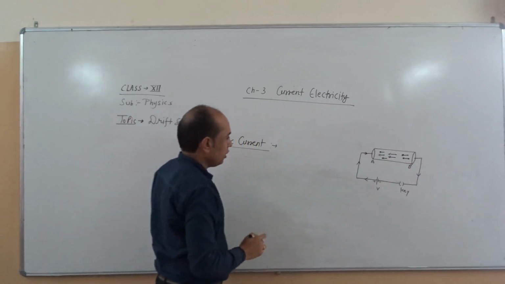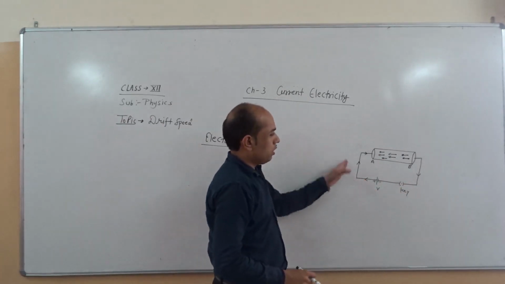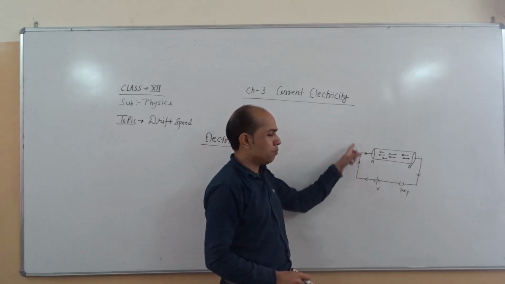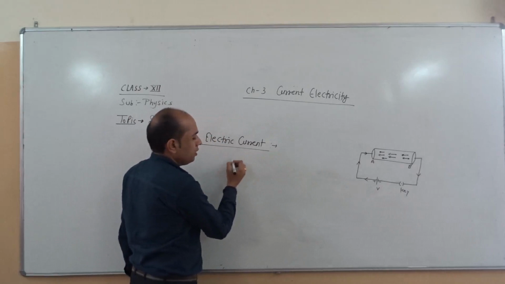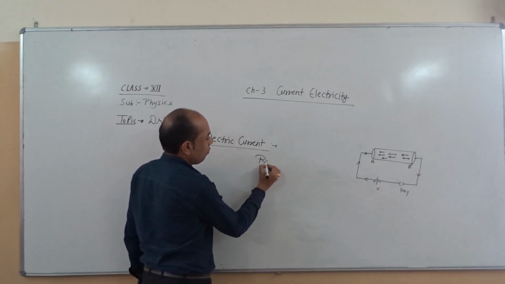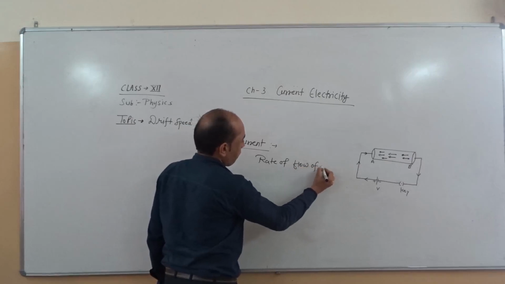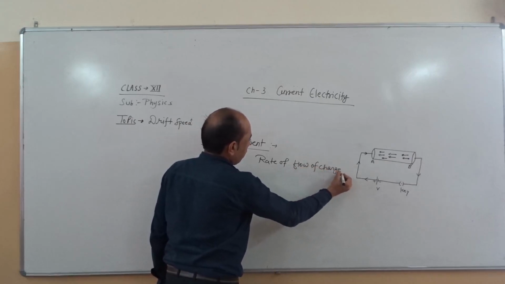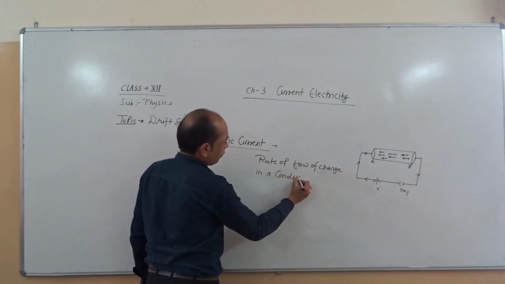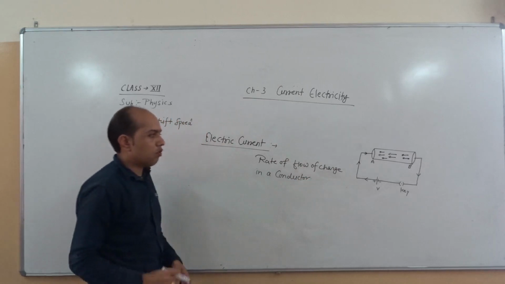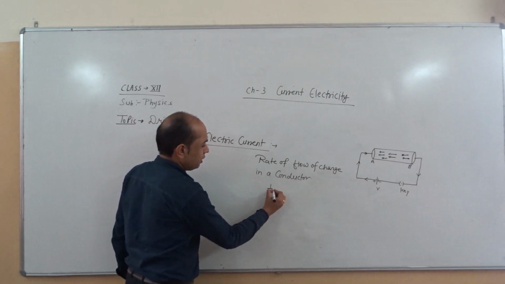So electric current means here when we switch on the key, current is transferred from positive to negative terminal. Electric current means rate of flow of charge. So rate of flow of charge in a conductor is called electric current, and this is denoted by I symbol.